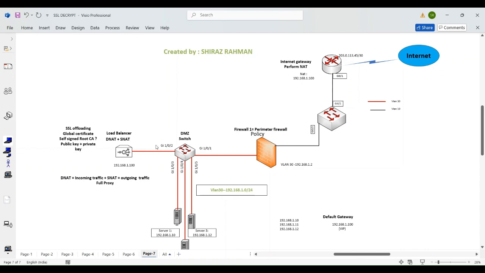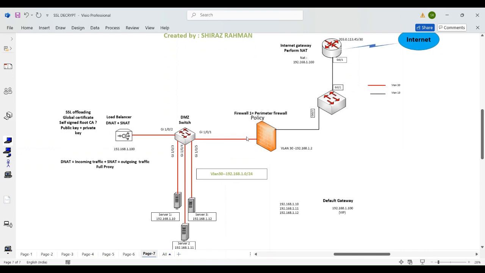Once it has passed through the policy of the firewall, it will go to the load balancer, and the load balancer will use some kind of load balancing technique, whether it's round robin, weighted round robin, least connection, or first come first serve, whatever is configured, and it will go to the server, right?